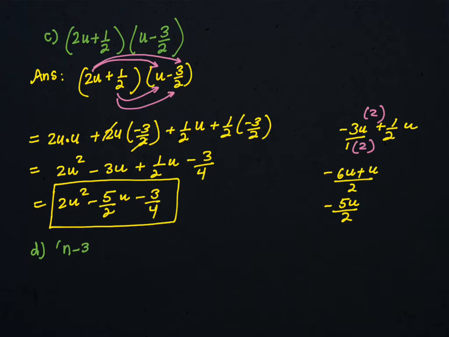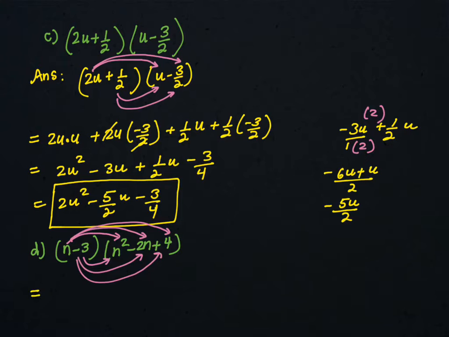Another example. These are all binomials, by the way. This one is a trinomial. So it's not a binomial. The second one is a trinomial. Okay, expanding it out.